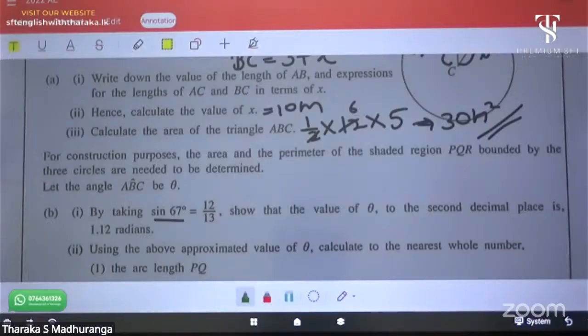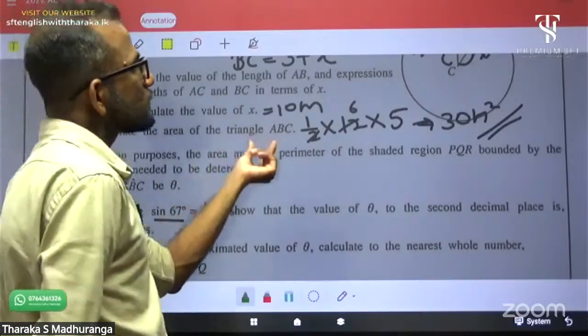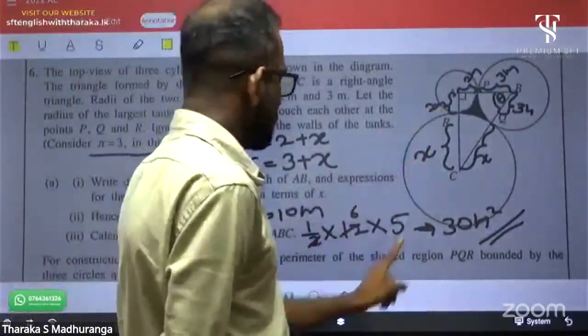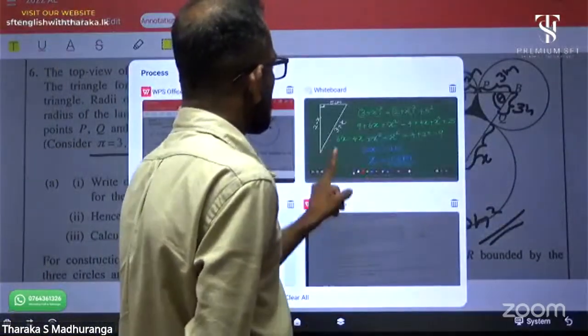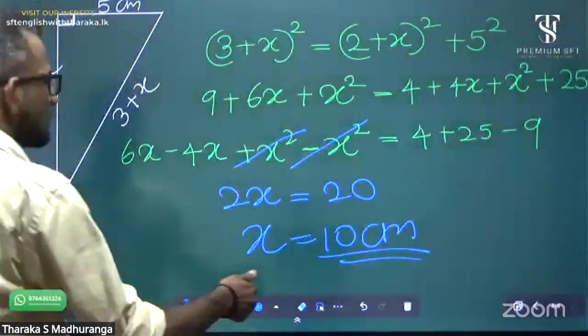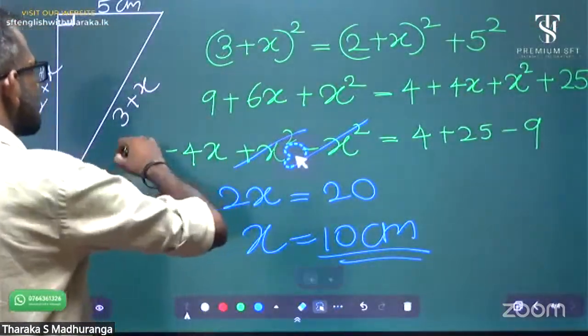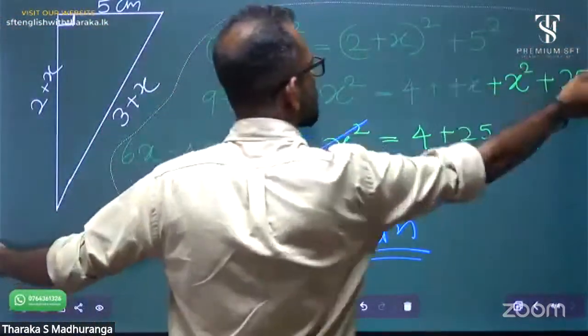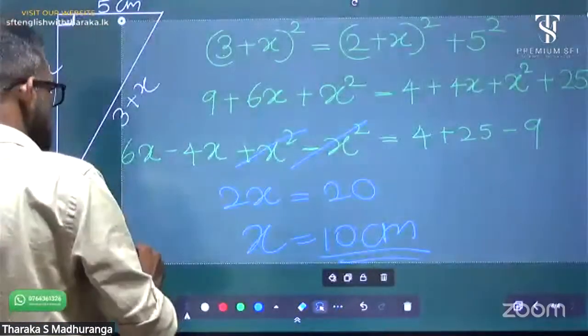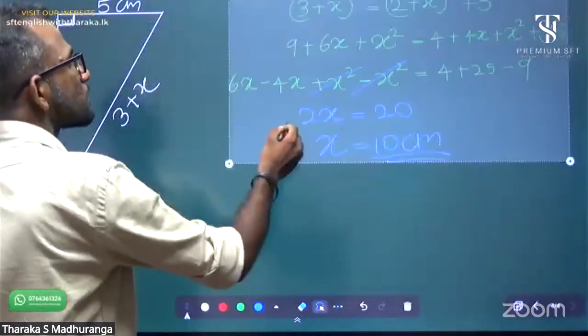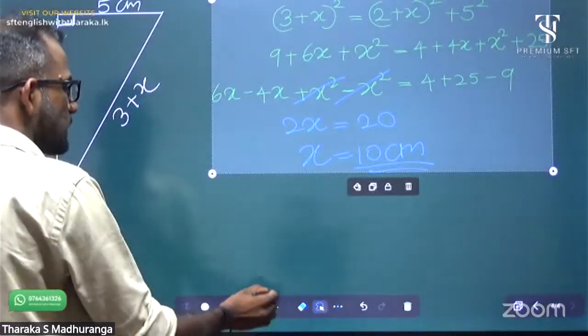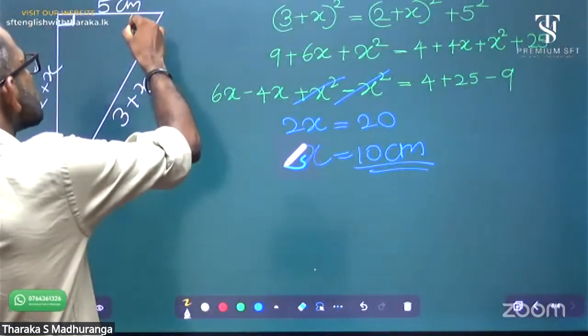By taking sine 67, 12 over 13. Sine means now this is the theta. Wait, give me a second. Now this is the theta.